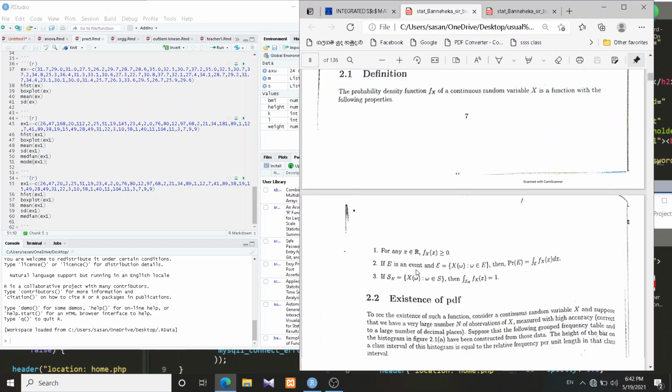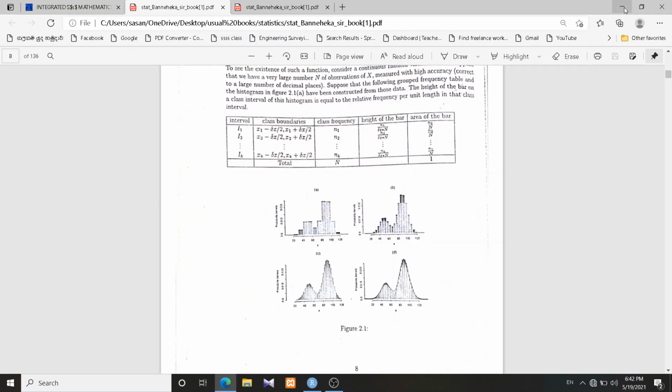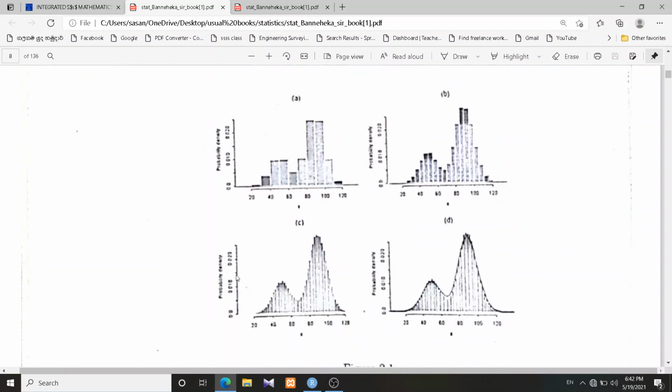For example, let me show you. You can see this image now. Let me maximize it. Here there is a histogram.